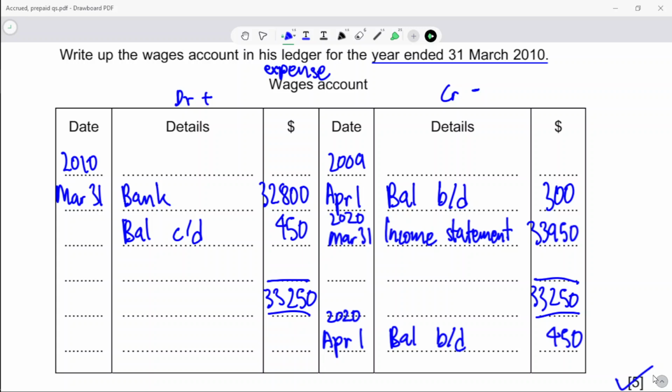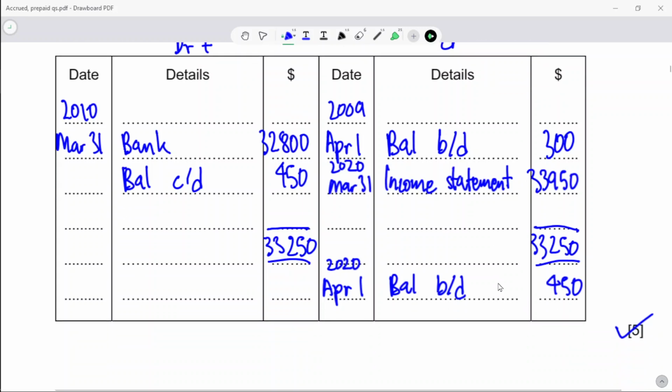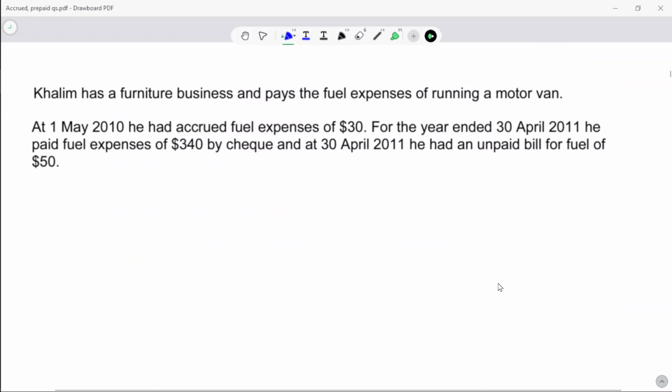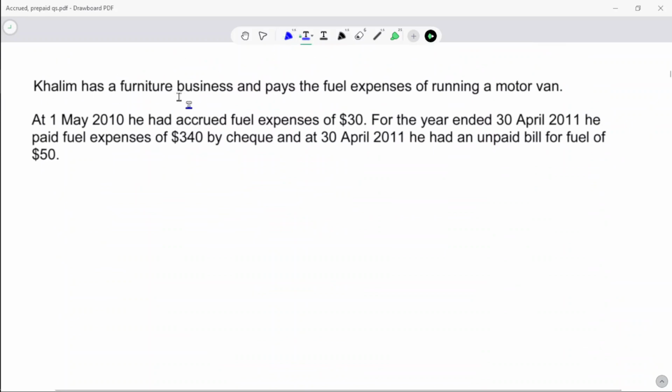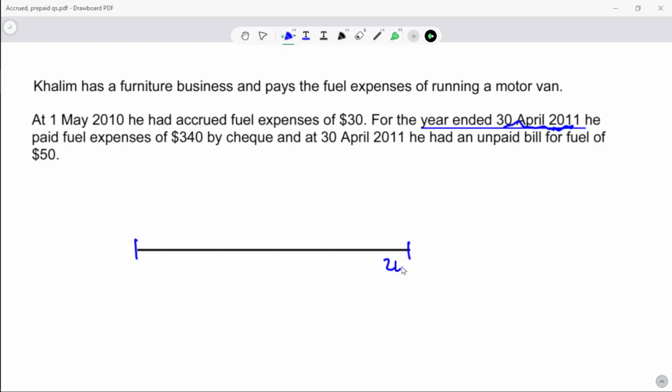Now let's go to the next question. The first thing I will do is year end, timeline. Then year end will be 2011 April 30.